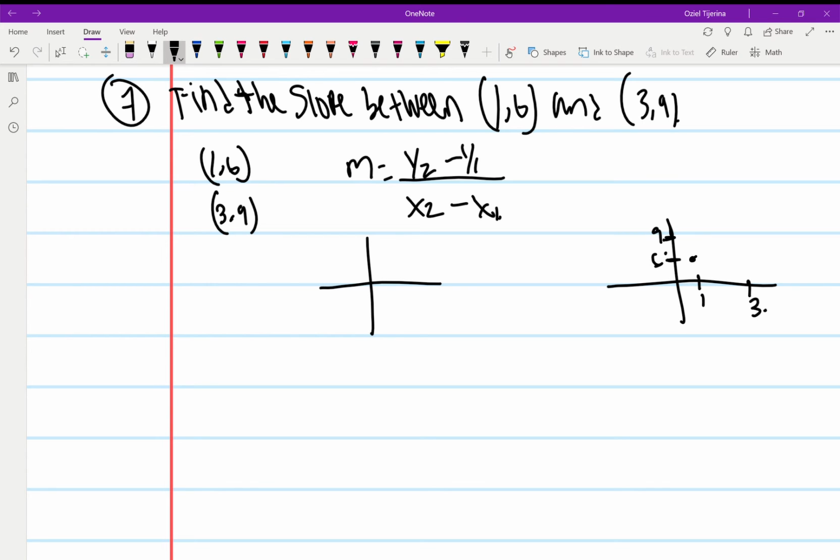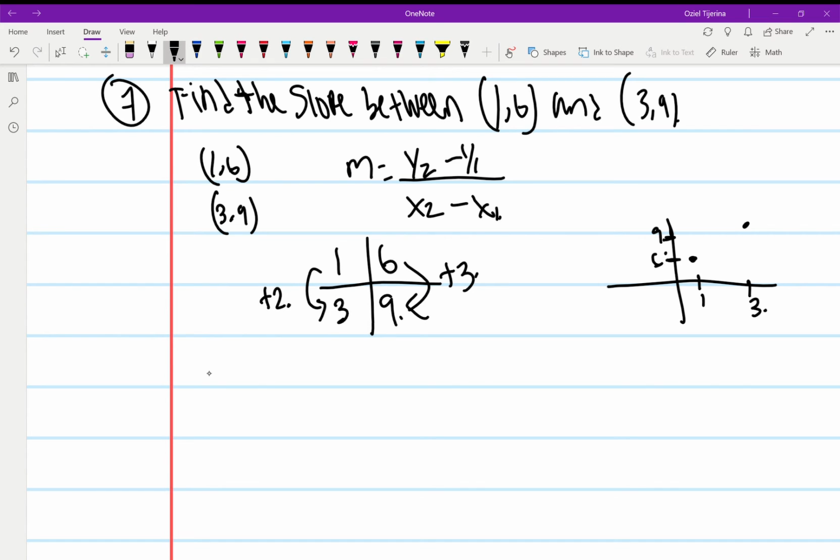You have 1, 6, and then you have 3, 9. So 1 comma 6 would be your first one, and then 3 comma 9 would be your second one. All you have to do is go from here to here.